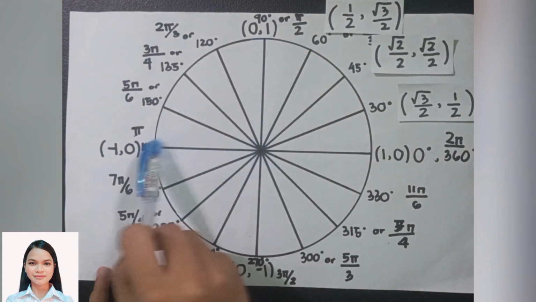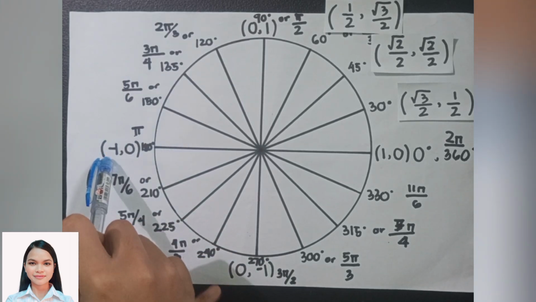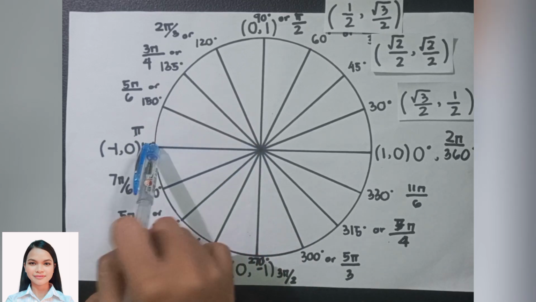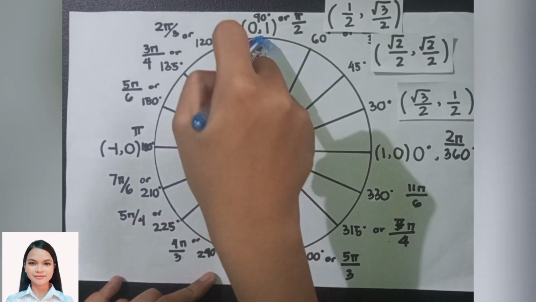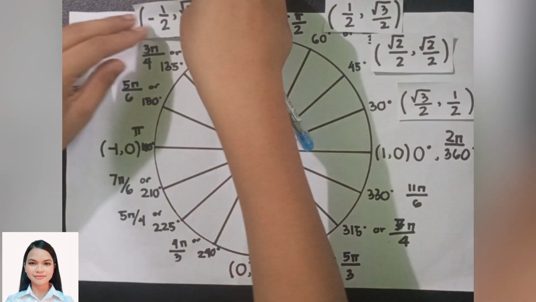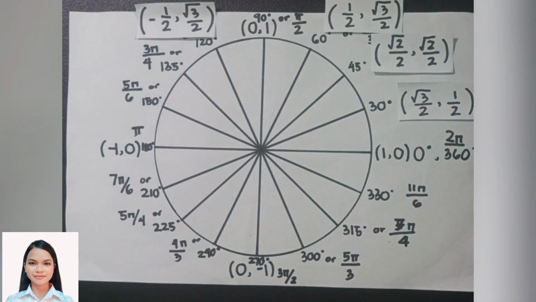which is right here, only the x-axis will be negative, as this is the negative x-axis and this is the positive y-axis. So for the 120 degrees, the ordered pair is negative 1/2 and square root of 3 over 2.